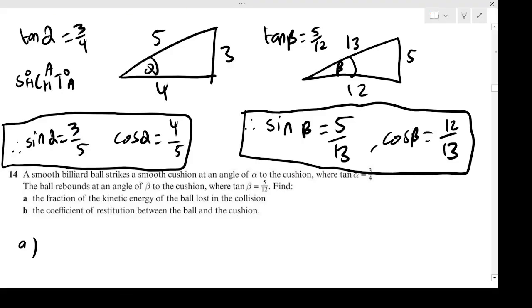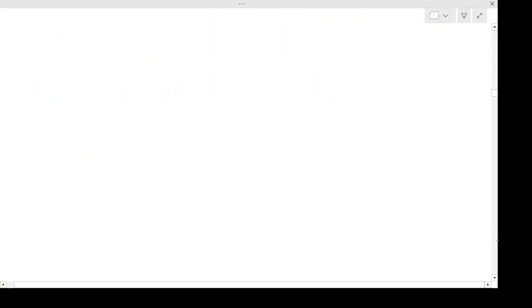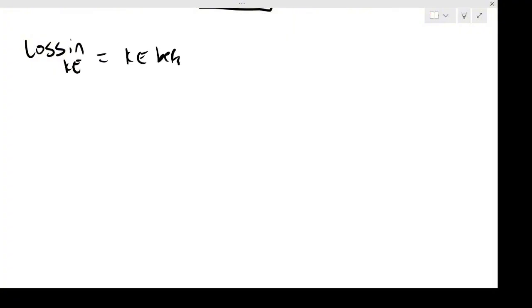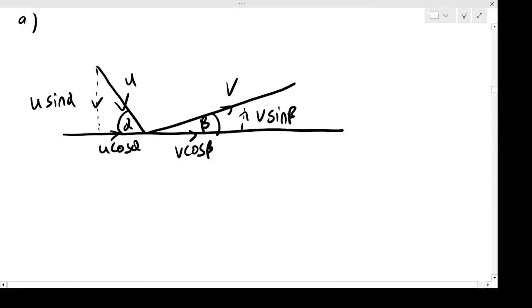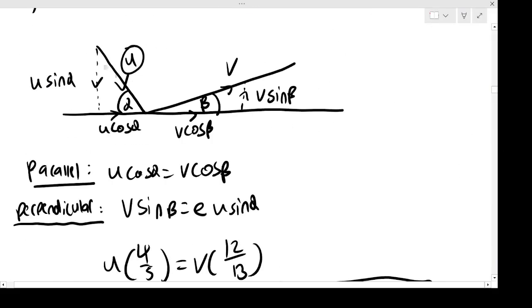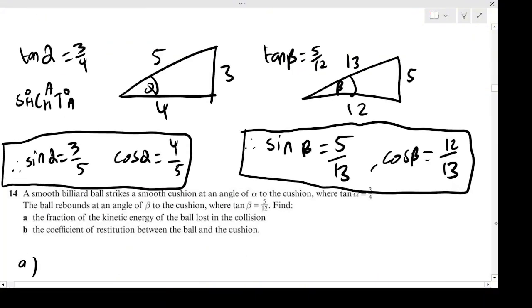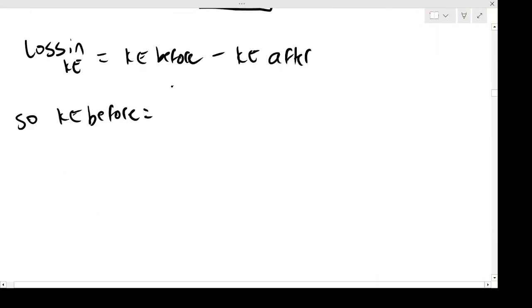Now part A wants me to work out the fraction of the kinetic energy lost. So we need to consider the loss in kinetic energy. Now remember from chapter 4 when we looked at 1D collisions, the loss in kinetic energy in a collision is the kinetic energy before take away the kinetic energy after. Very standard equation, right? So now we need to work out the kinetic energies before and after. Kinetic energy before the collision: the speed before the collision is u, and we're not told any masses either, so it's literally just going to be a half mu squared.